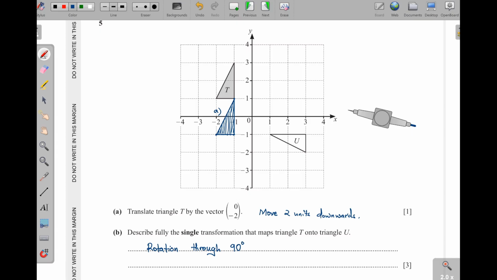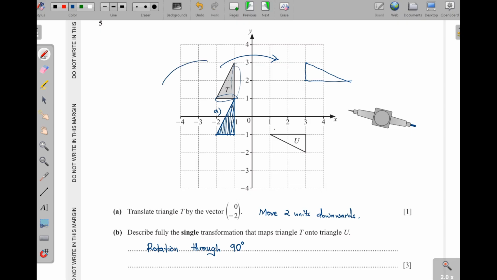Is it clockwise or anti-clockwise? Let's check. If I take this one clockwise, then this one here will be like this. Then this one, which was standing like this, then it will fall like that, and then like that. So when you look at this and this, are they the same? No. So that means it wasn't clockwise.